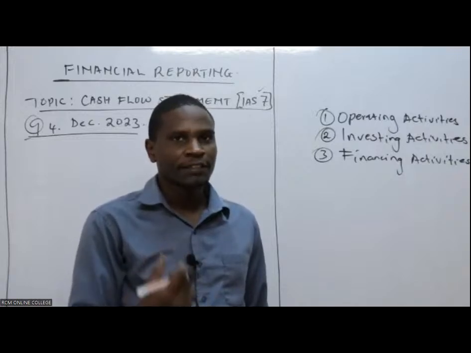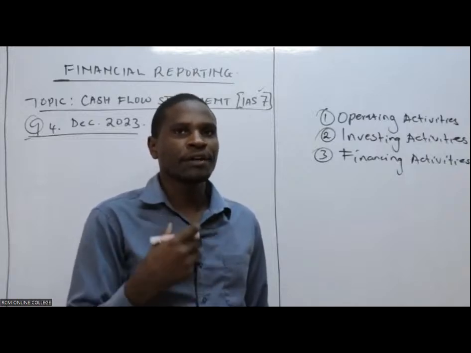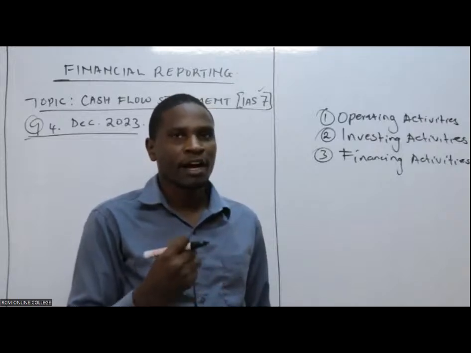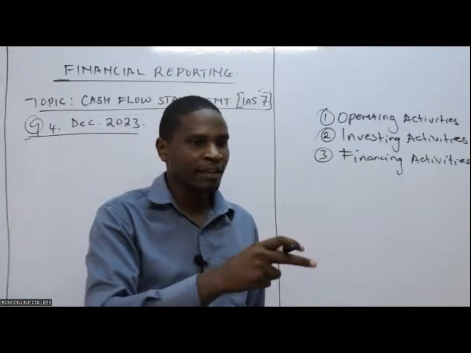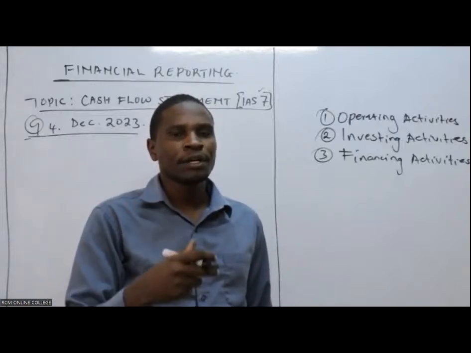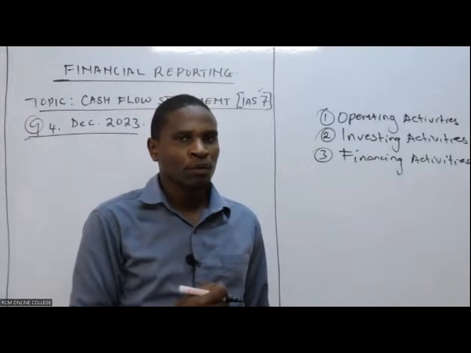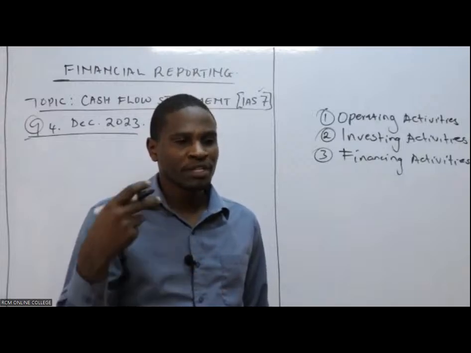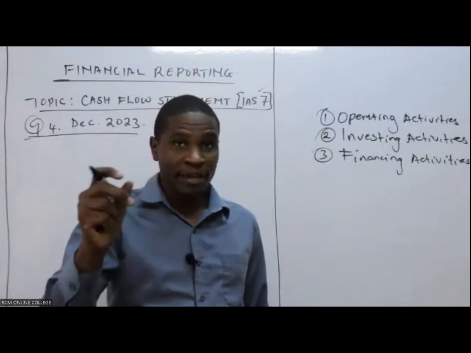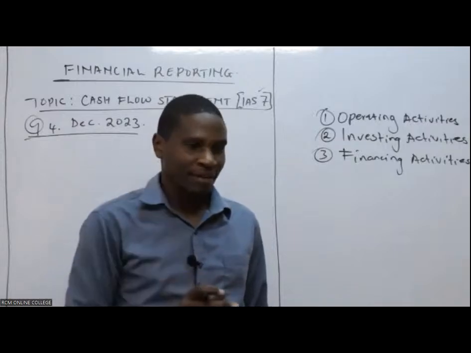Investing activity deals with non-current assets. Did we purchase? Did we sell? Like that. Then financing activity, we may sell shares, we may acquire a new loan, we may pay that loan, like that.